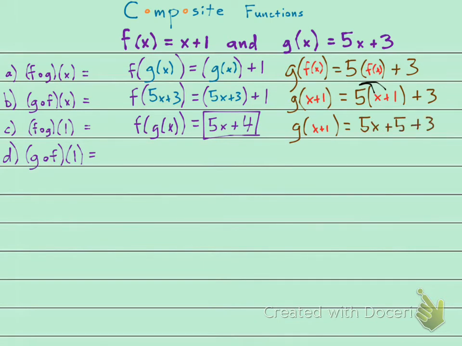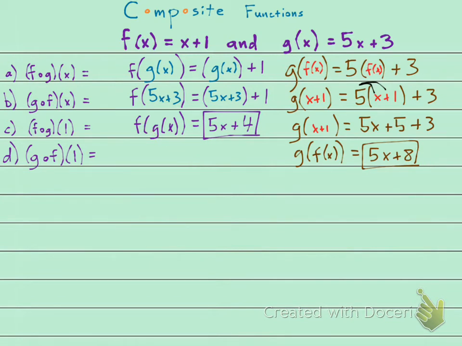And then you know that these are like terms, so I'll add these two together. 5 plus 3 is 8. So the g of f of x is 5x plus 8. Okay, and that is my answer for B. That goes right here.